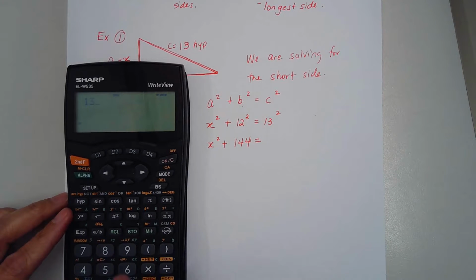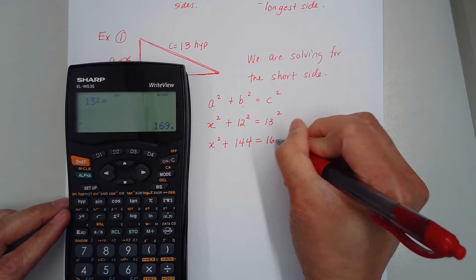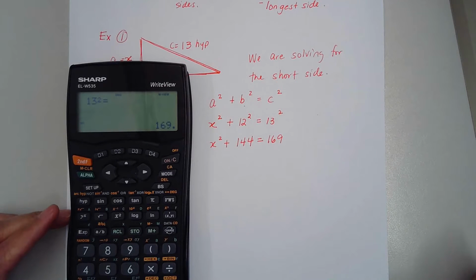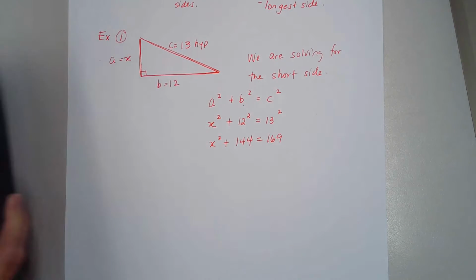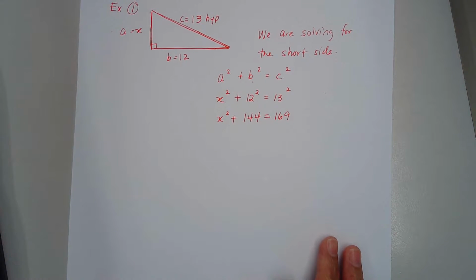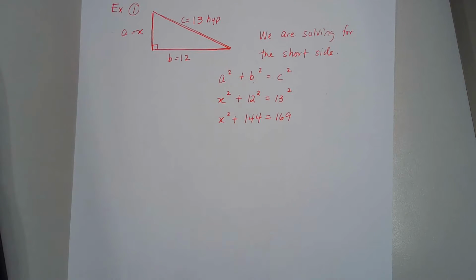So 13 squared, I got 169. Did you get 169? Okay. You got 13 squared is 169. So everyone is here with me at this part.